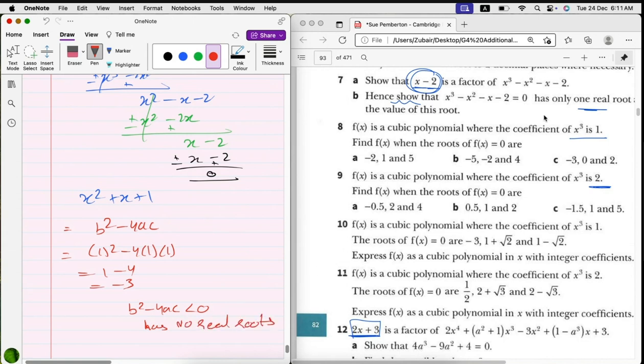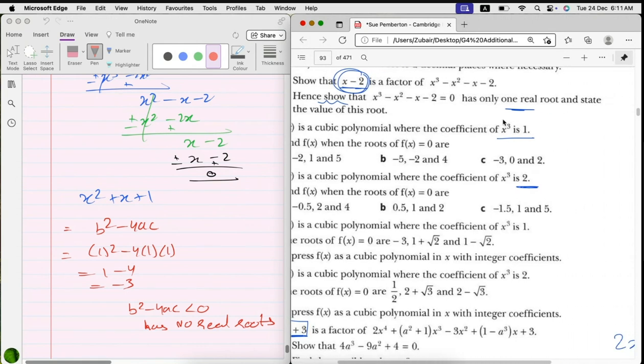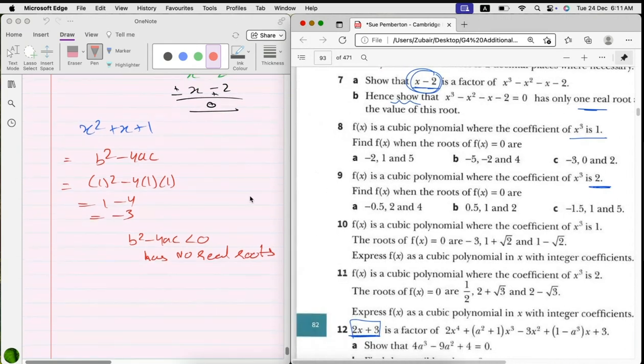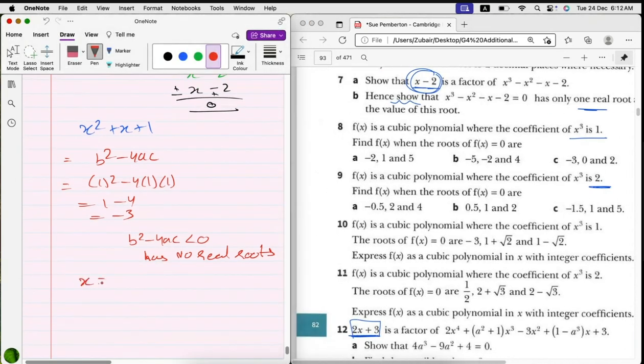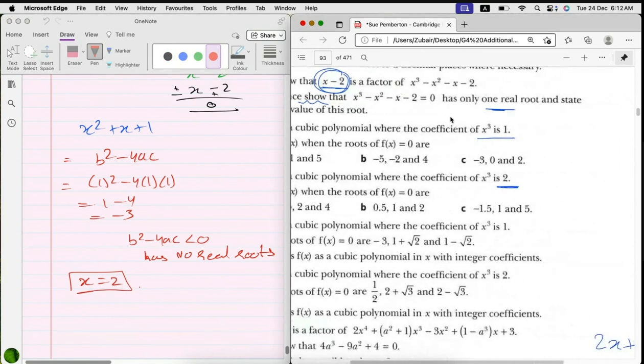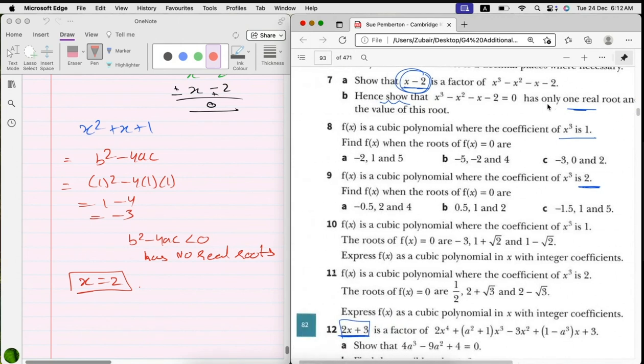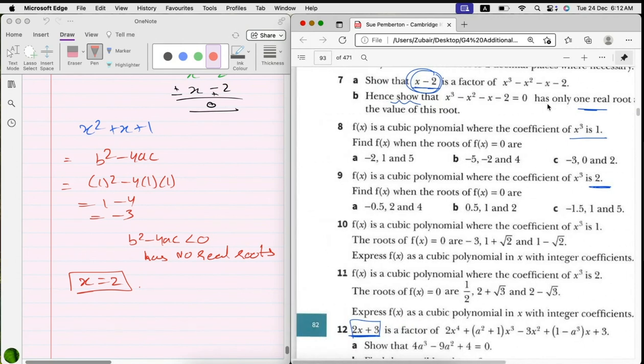And it said state the value of the only real root, which is x equals 2. Whenever the word is state, you don't need any working, you can directly write the answer. No proofs, nothing. Direct answer.